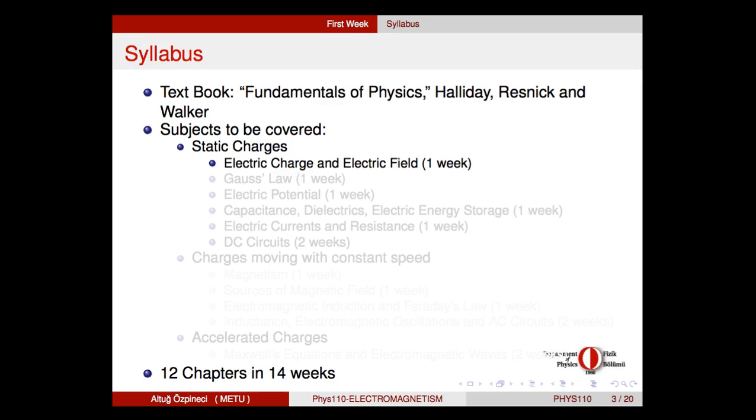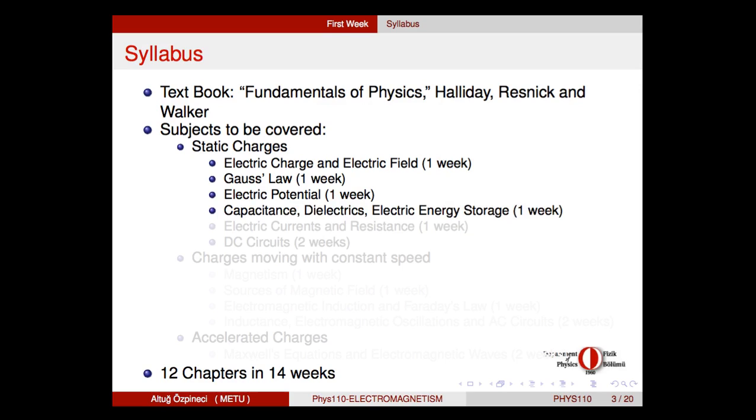We will study the electric charge, the field it creates, what we mean by the electric field, Gauss's law, the potential energy of this electromagnetic field, and also the electric potential, which is different from the potential energy.